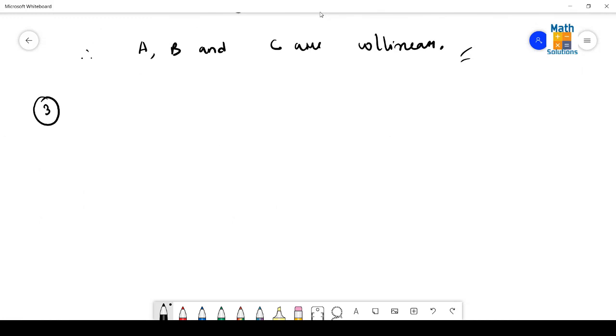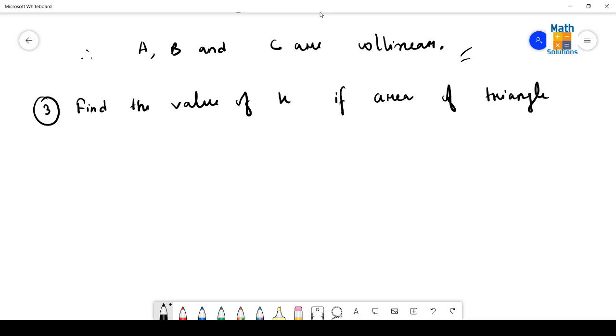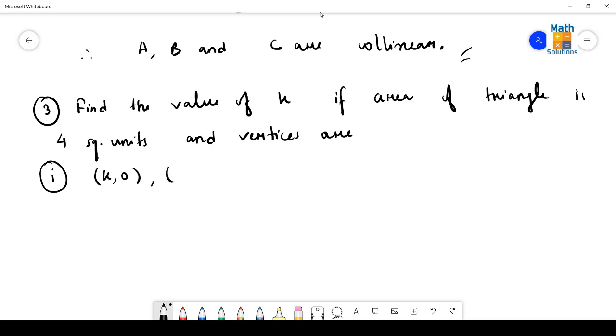Find the value of k if area of triangle is 4 square units and vertices are, this is the first question under this, (k, 0), then (4, 0), then after (0, 2).